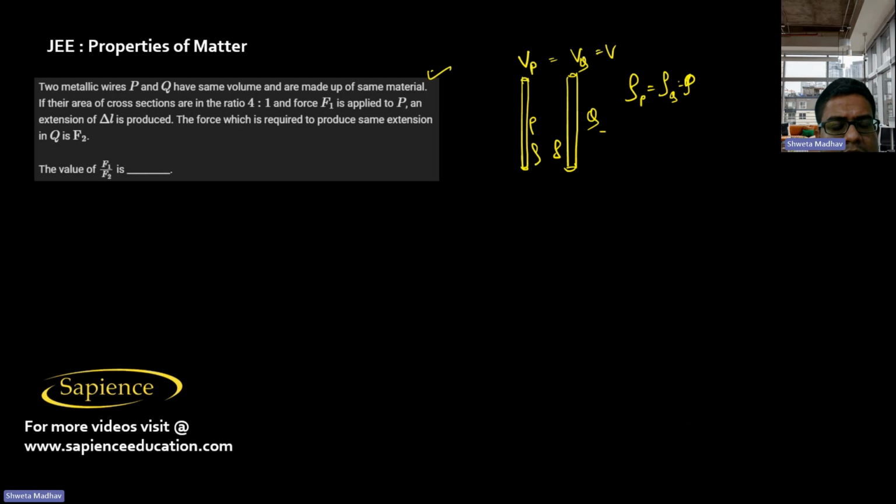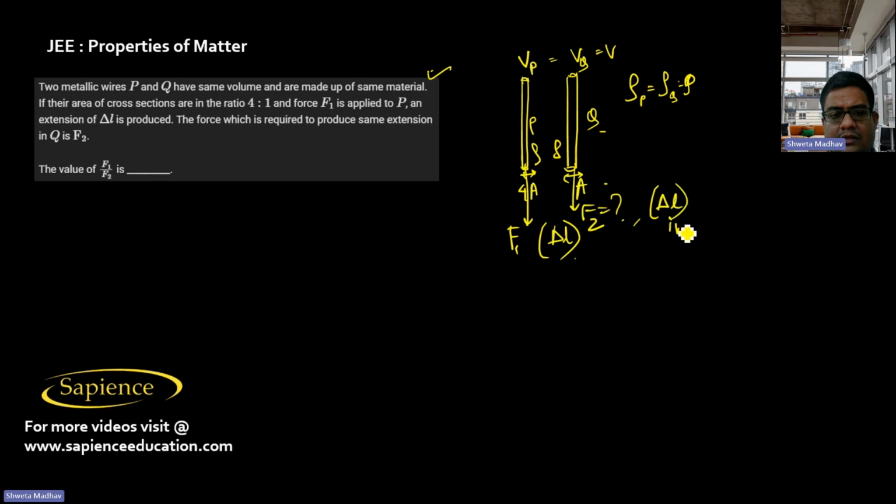If their areas of cross section are in the ratio 4:1, so it means here the area of P, that is equal to 4A, I can say, and the area of Q, that is A, suppose. And force F1 is applied to P. When force F1 is applied to P, then the extension produced is delta L. The force which is required to produce the same extension in Q, that is F2.